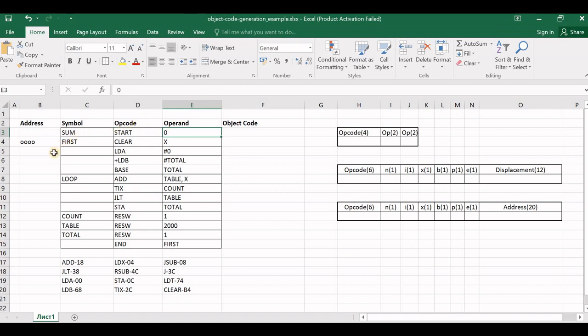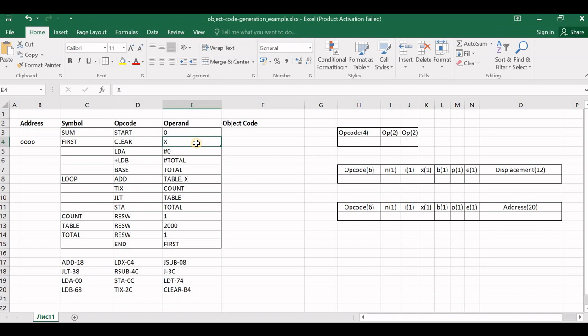Fine. So the next instruction, how do you assign the address to the next instruction? Identify in which format this instruction is. This instruction has an opcode followed by an operand, and this operand is a register. So this instruction is said to be in format 2, because it has an opcode and an operand, and that operand is also a register.